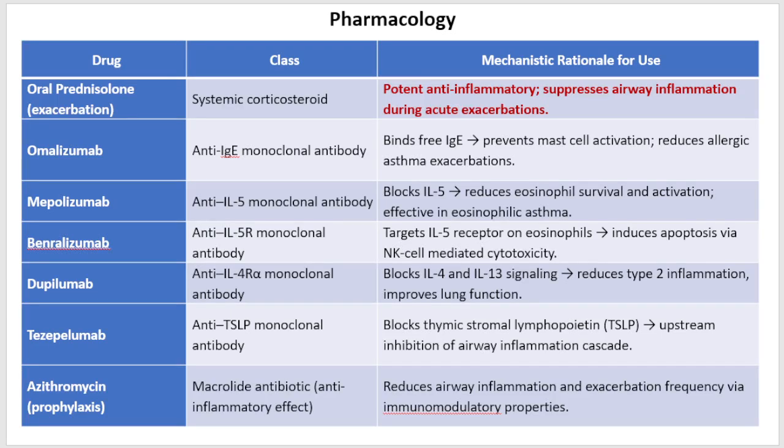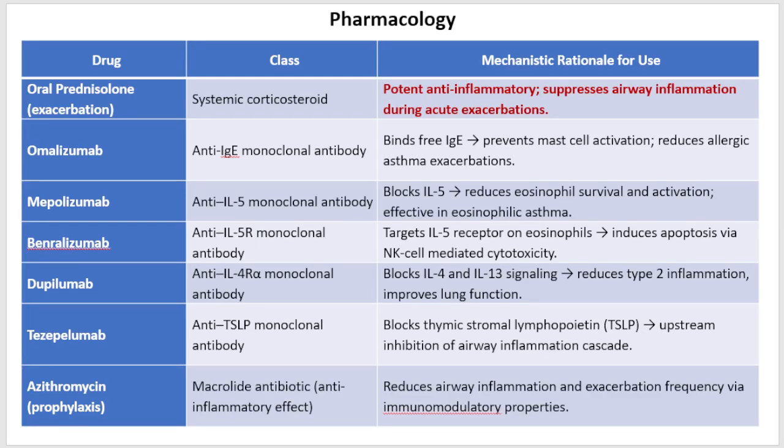For acute exacerbation, systemic corticosteroids like oral prednisolone provide powerful suppression of airway inflammation. In patients with allergic asthma, biologics such as omalizumab target IgE, preventing mast cell activation. For eosinophilic asthma, drugs like mepolizumab and benralizumab block interleukin 5 pathways, reducing eosinophil activity.